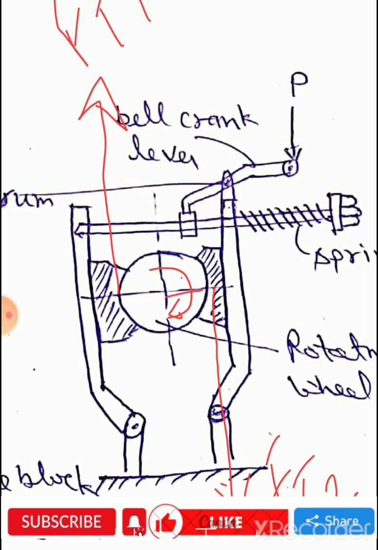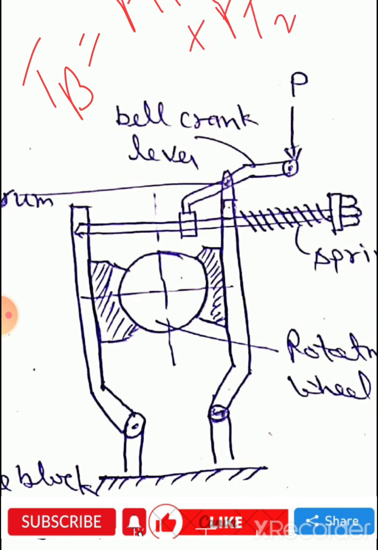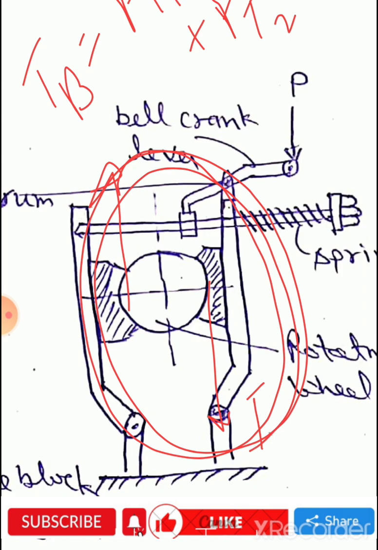This is the radius R, and this is the radius R. So tangential braking torque TB is equal to Ft1 into R plus Ft2 into R. Both are added because Ft1 is in the upward direction and Ft2 in the downward direction, and both make a couple in the same clockwise direction.